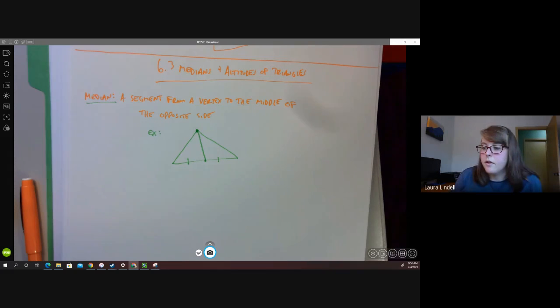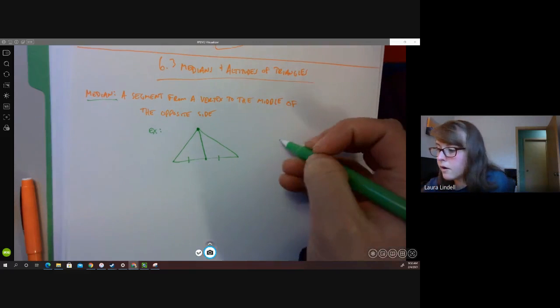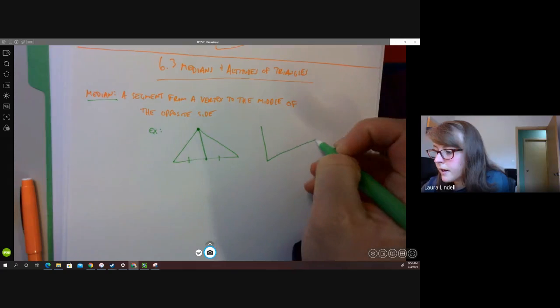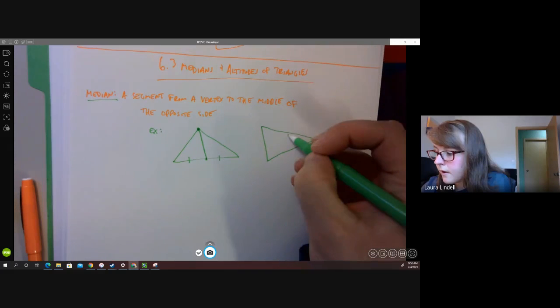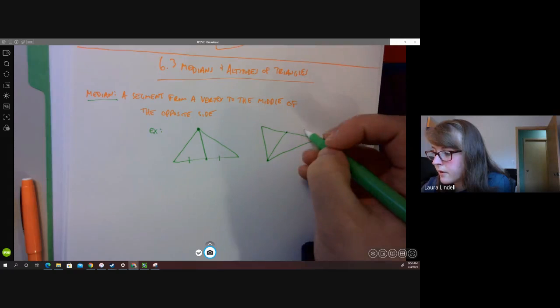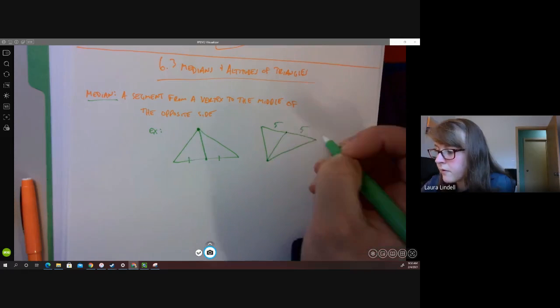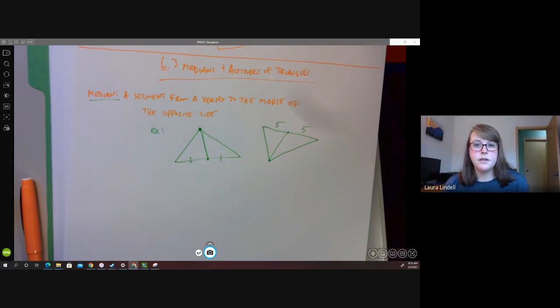Okay. So with medians, we want to be able to recognize them, either in this fashion or if you see something like this, where they tell you that this is 5 and this is also 5. This would be another representation of a median.